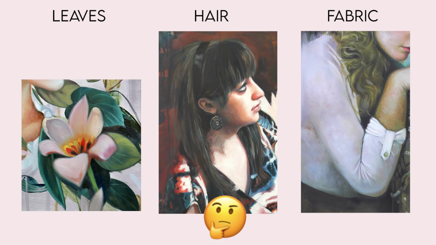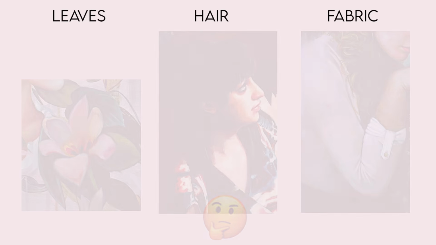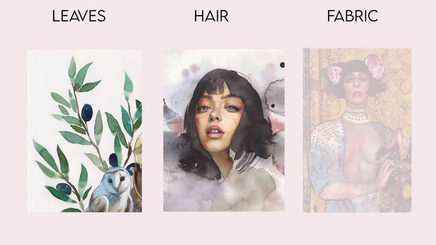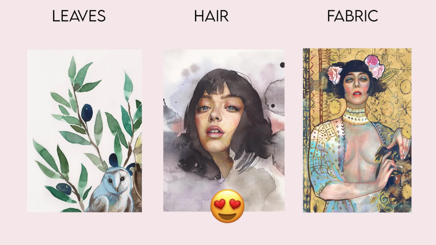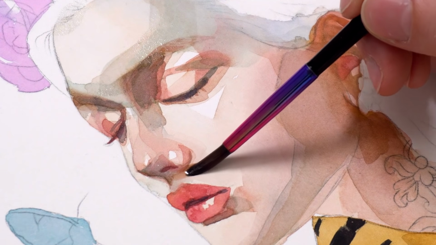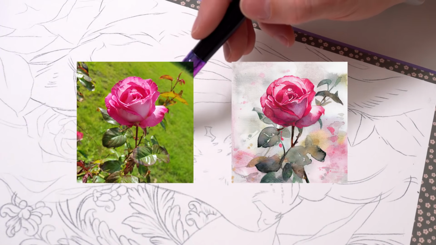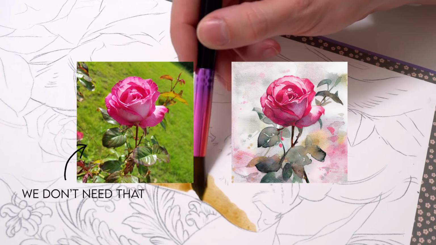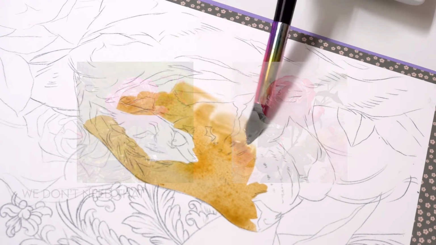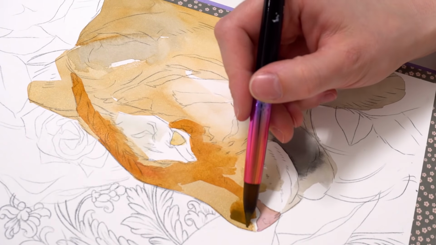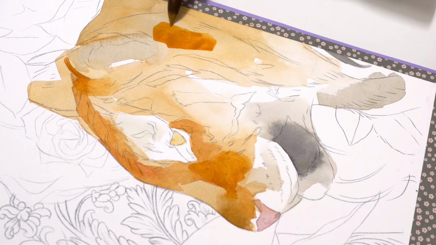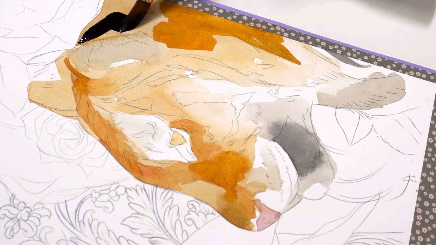But whenever I didn't put much effort into painting them and just painted them in a few brushstrokes, the more simplified and abstract style they were painted in now suddenly looked so much better.